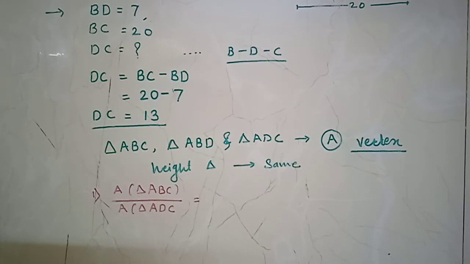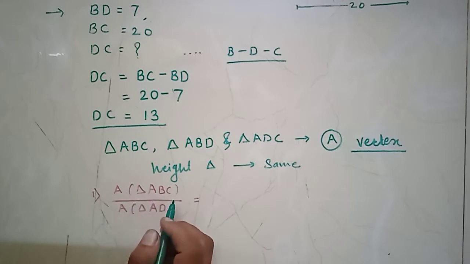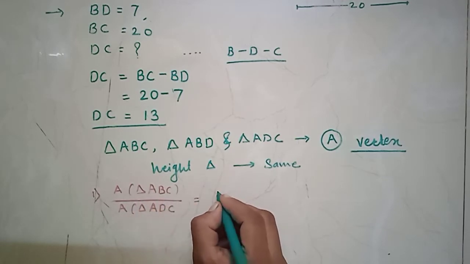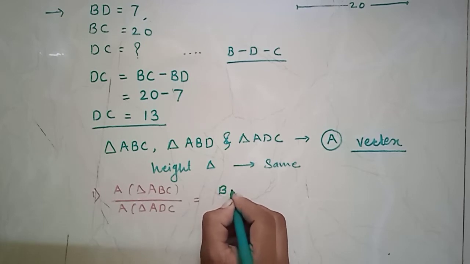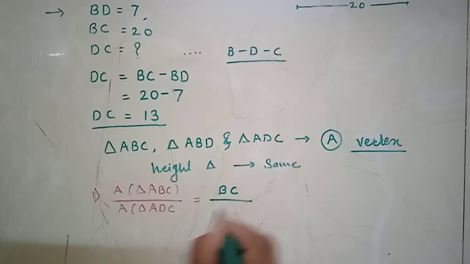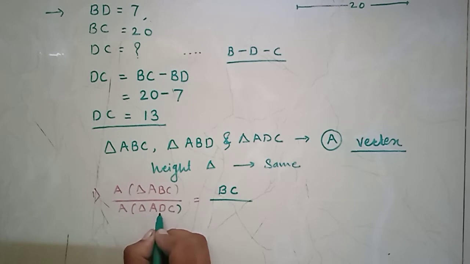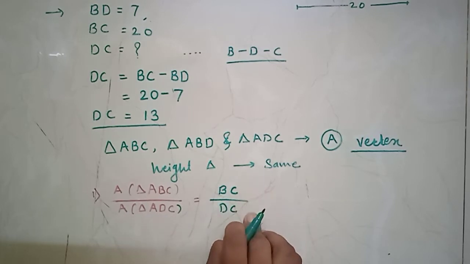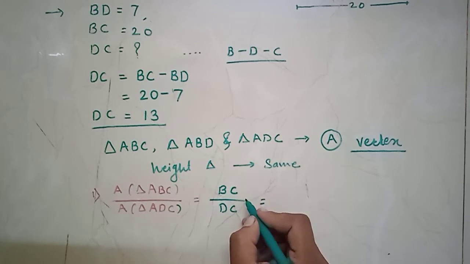They have the same height. We know the formula for the ratio of areas: 1/2 into base into height upon 1/2 into base into height. So we write the base, since the height is the same. Triangle ABC has base BC, and triangle ADC has base DC.